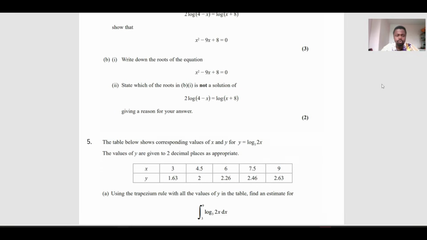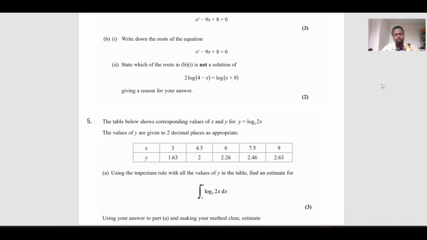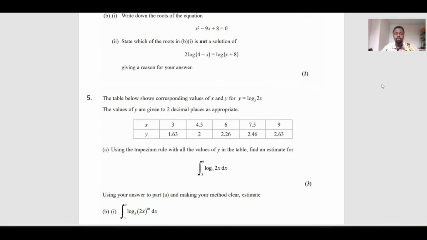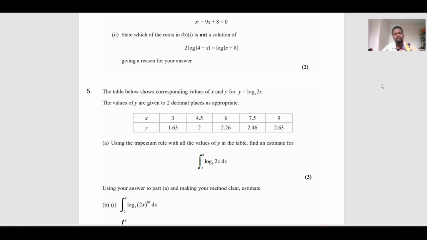4b2 says that state which of the roots in B1 is not a solution. Okay, so looking at it, 4 minus x, the one that won't be a solution will be the one that gives us a negative value in front of the logarithm. If you do 4 minus 1, that's 3. But if you look at 8, if you do 4 minus 8, you get minus 4. We cannot simplify a logarithmic function that has negative value in front of it.